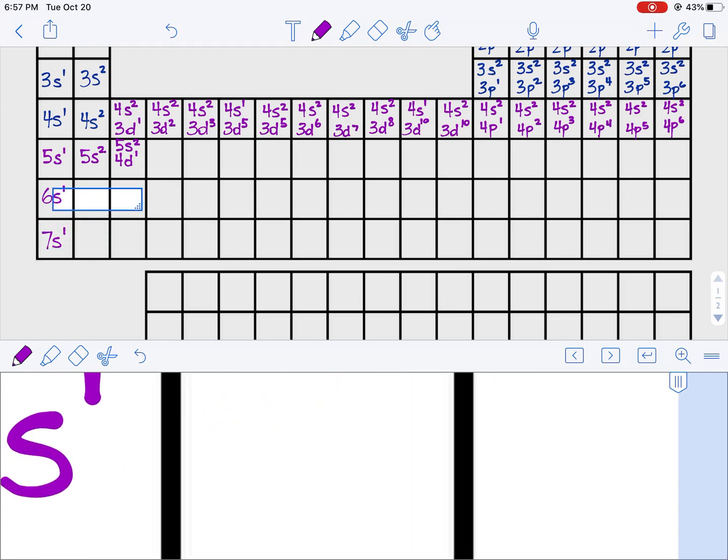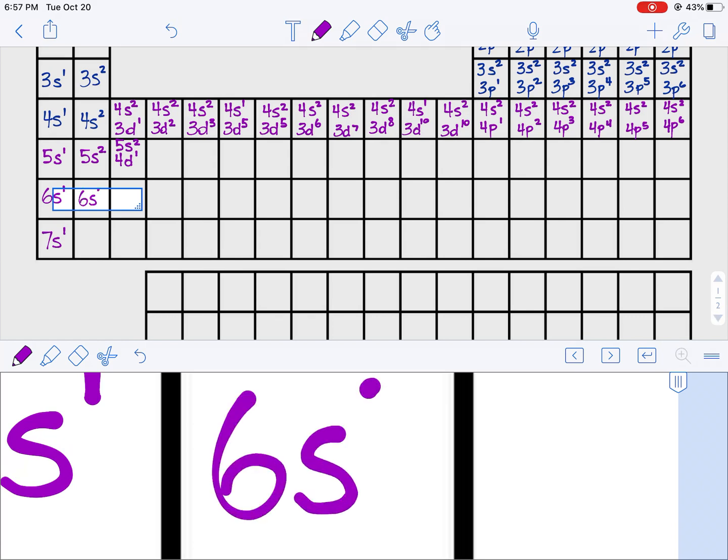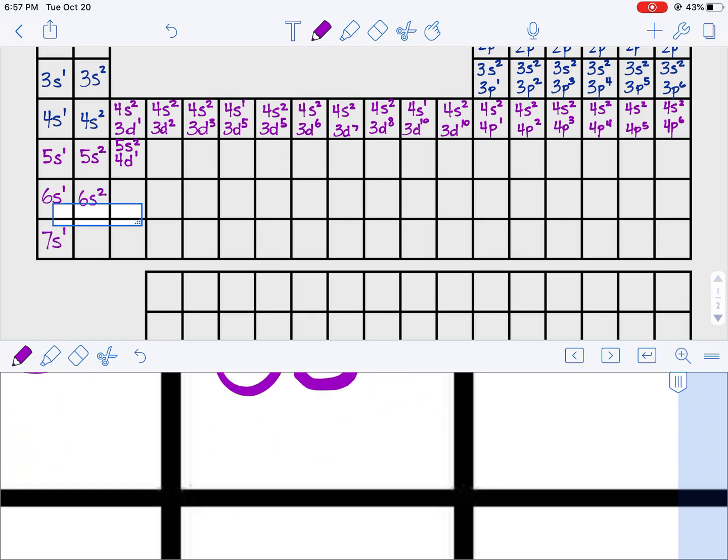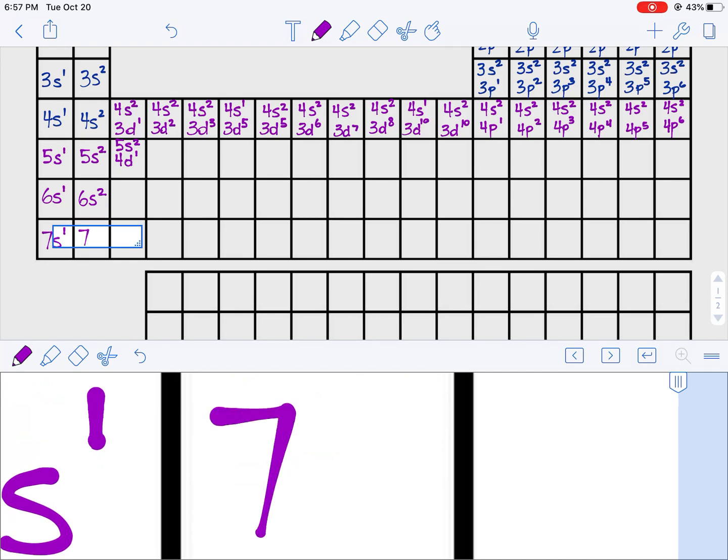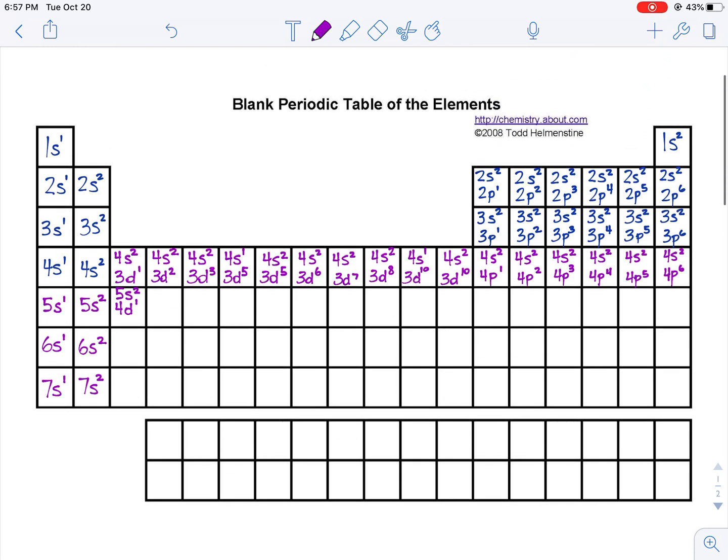If I come to the box to the right of 6s1, I'm able to predict correctly that it will say 6s2. And the one beneath that will say 7s2. What we've just done is found the pattern for what's referred to as the S block elements. And we can't forget about helium.